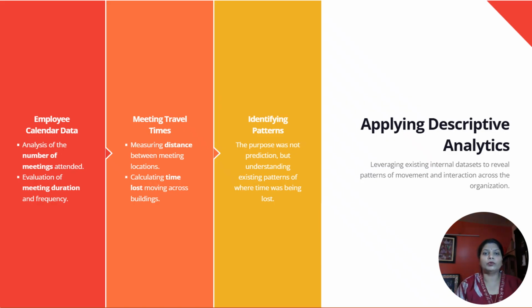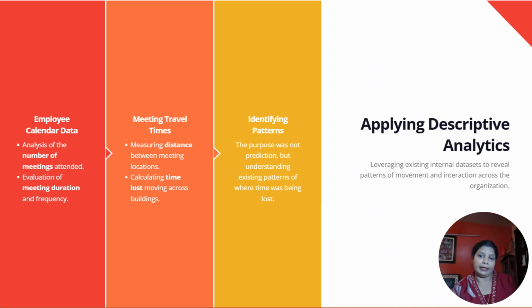The objective here was to understand how much time was formally allocated for the meetings. The second variable that needed focus was the meeting travel times. By measuring the physical distance between meeting locations and calculating the time spent moving across buildings, the organization was able to quantify time lost to internal travel.